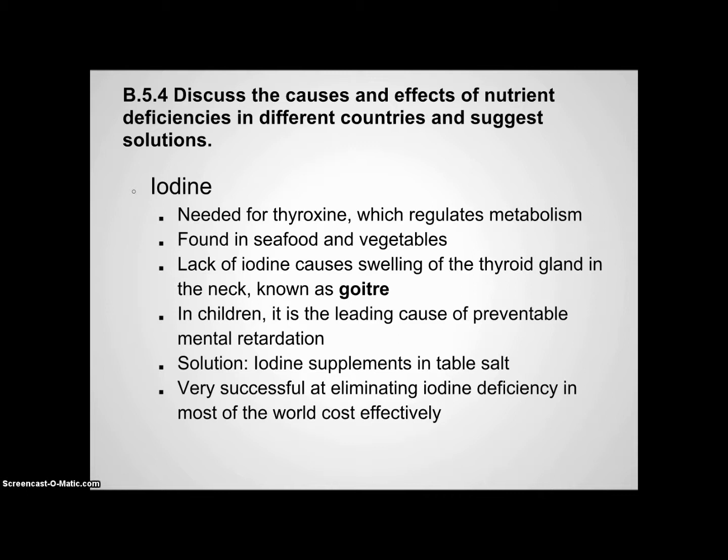And in children, it's the leading cause of preventable mental retardation because of its role in the development of the brain and body metabolism. And the most common solution is often you'll buy salt and it'll say iodized. That's an iodine supplement in table salt, and it reduced iodine deficiencies globally extremely quickly, but iodine deficiencies are still prevalent in parts of Eastern Europe.